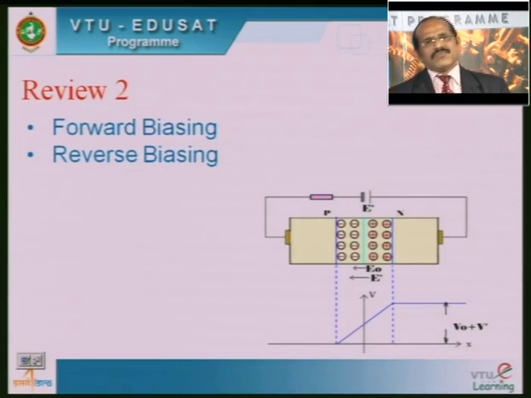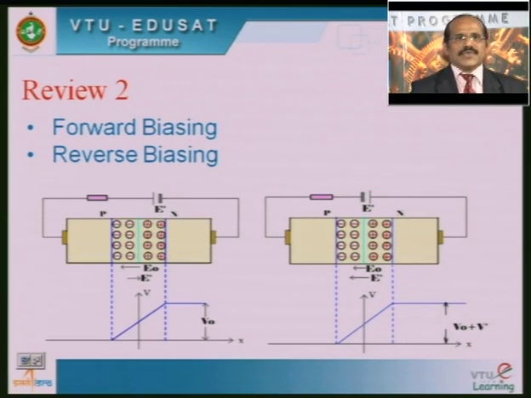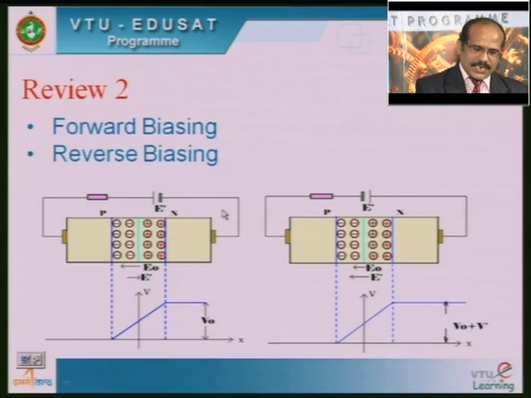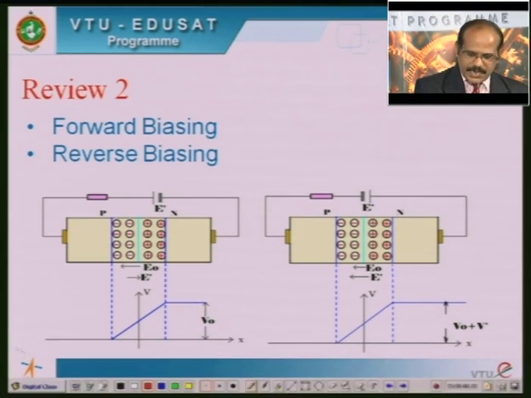We have also seen the two types of biasing techniques in the case of the semiconductor junction diode. In the case of forward biasing, you can see that the P layer is connected to the positive terminal of the battery. Similarly, the N layer is connected to the negative terminal of the battery.